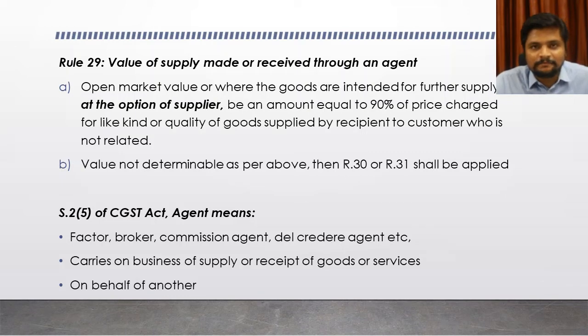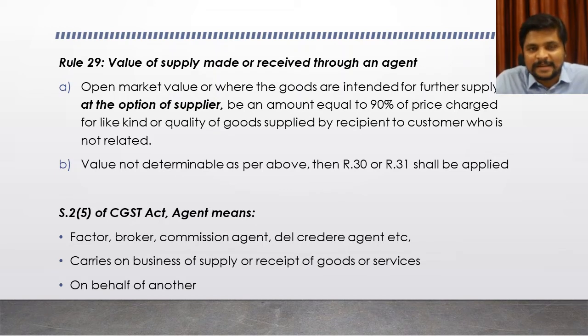You can easily remember this provision by reading rule 28 as well. So in all these rules, you can find similar provisions or similar conditions. So you will have to be very clear whenever you are reading a particular rule. Under rule 28, they provided that if the goods are intended for further supply, that is provided under proviso 1.